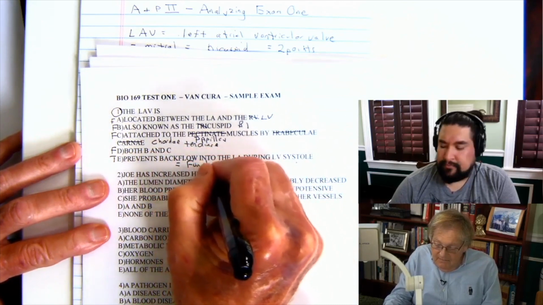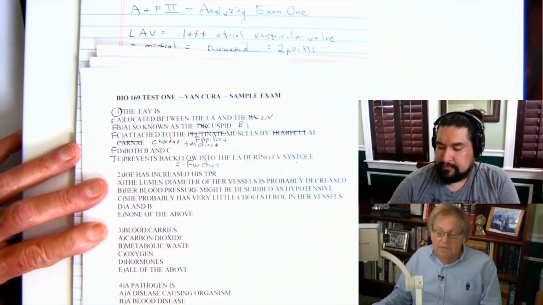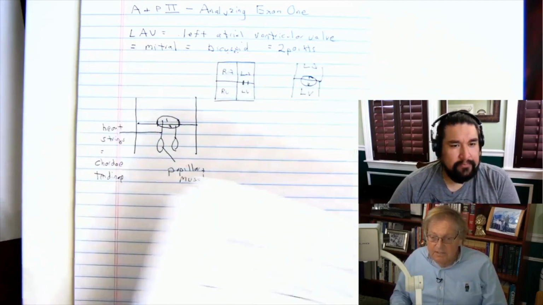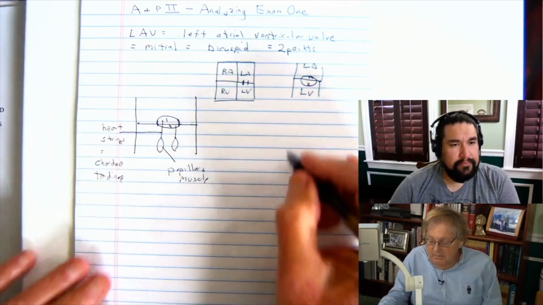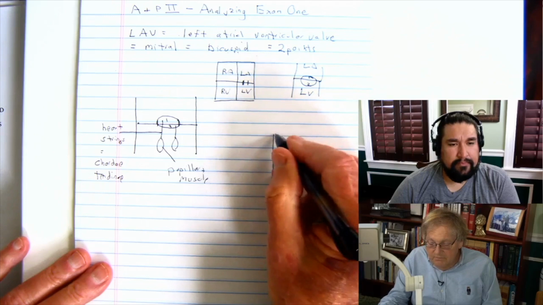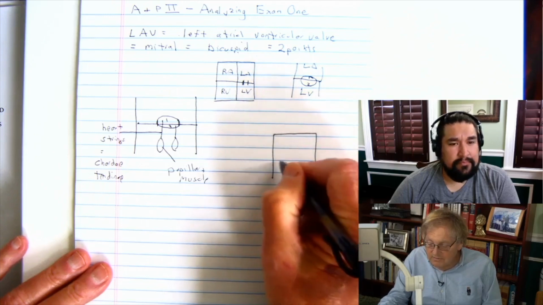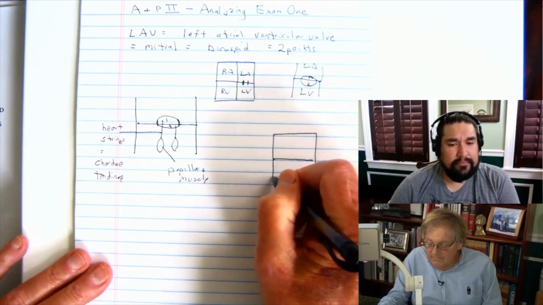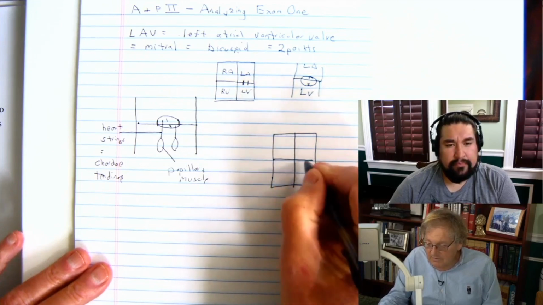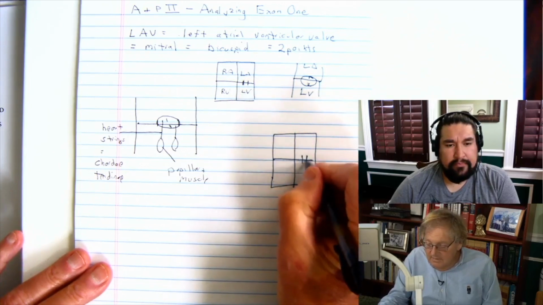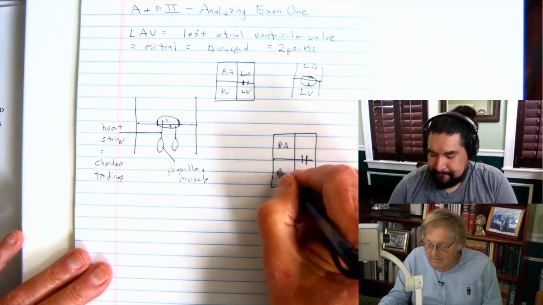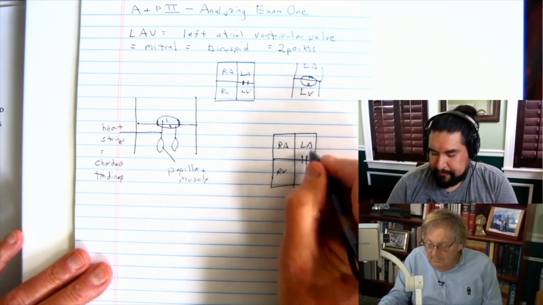of that valve. And again, if you recall from the lecture, I explained to you that if you're looking at your chambers of your heart, we'll just draw that box real quickly here just to make sure you understand it. If this valve is sitting here between these two chambers, and this is RA, RV, LA, LV.